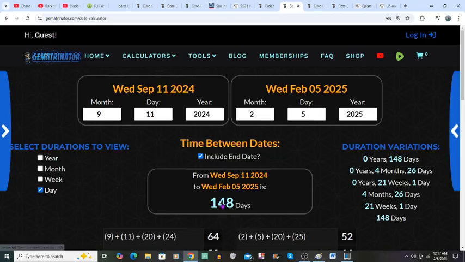I can't really explain it super duper well right now, but in Lucas numbers 148 shows up a bunch of times to do with other Pluto numbers.